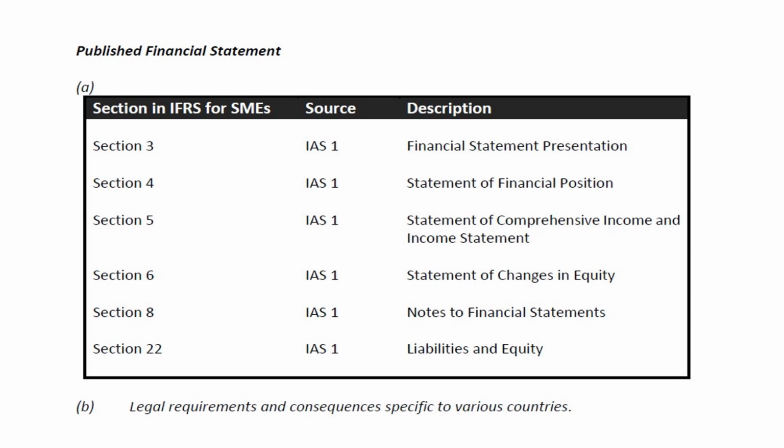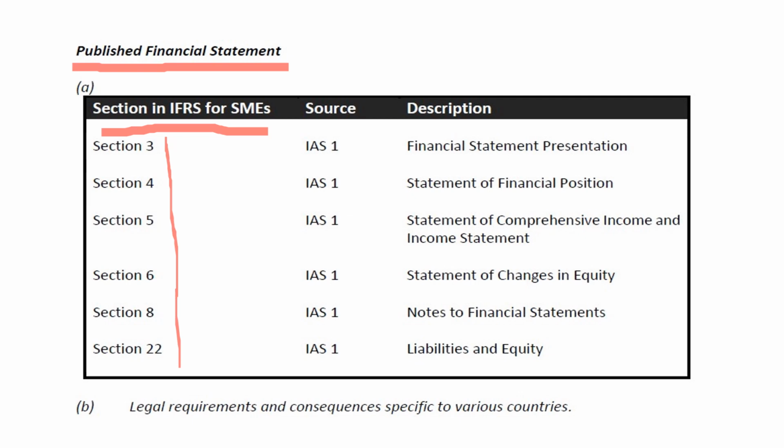Okay, we look again at published financial statements. It's the same procedure as for the balance sheet. You look at the IFRS for SMEs, and you can Google it and get these sections again. Notice some of the same sections show up as before.